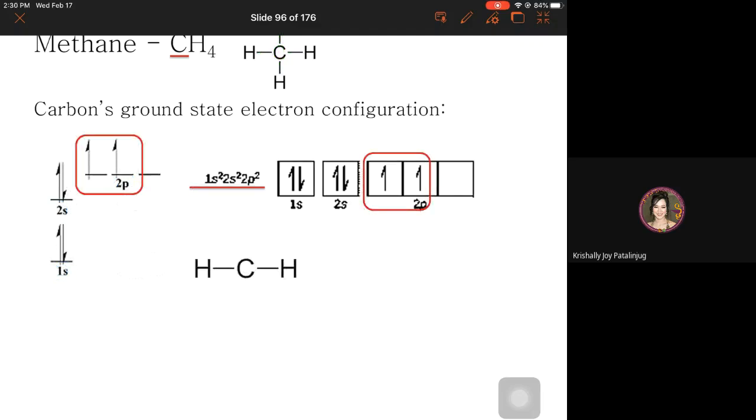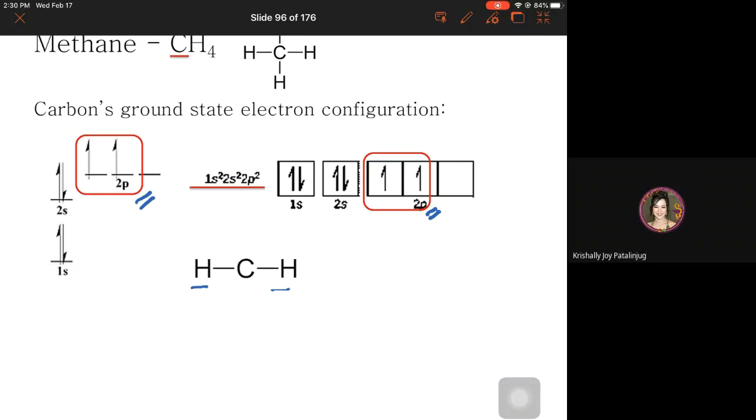Okay? Based on the distribution of electrons in the atom of carbon, it only resulted in two half-filled 2p orbitals. We could realize then that if dalawa lang yung half-filled 2p orbitals, that could only overlap with 2 equivalent 1s orbitals of hydrogen.